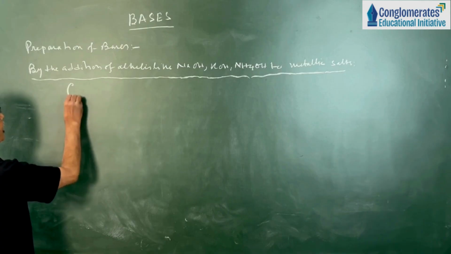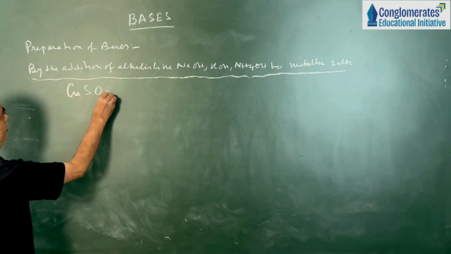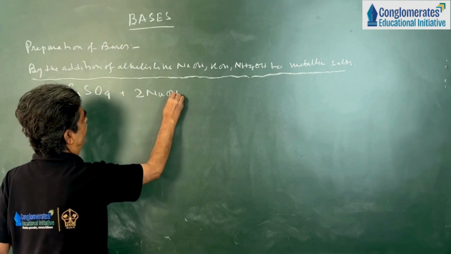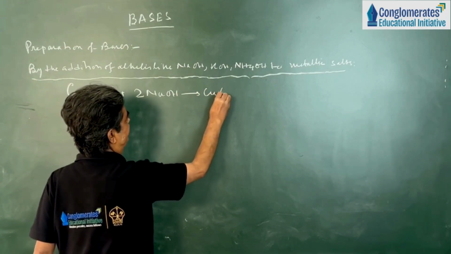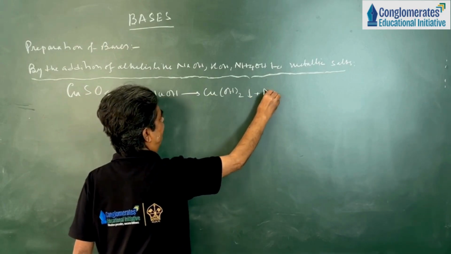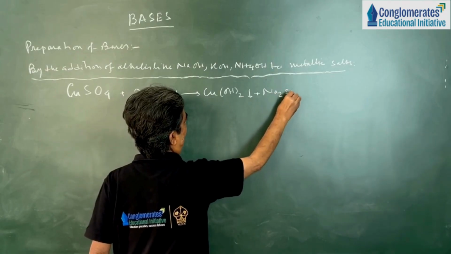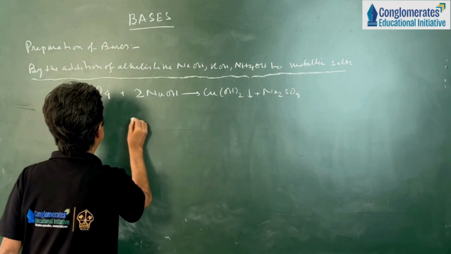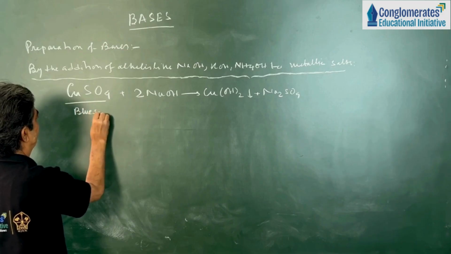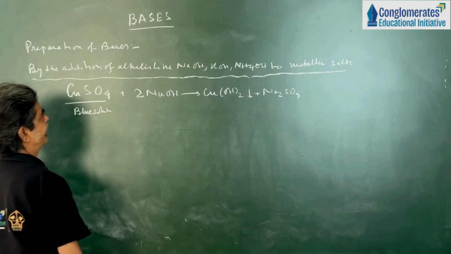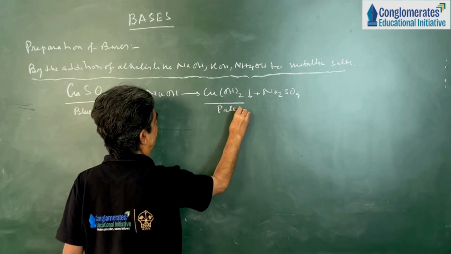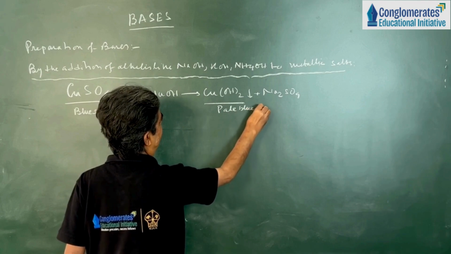Now copper sulfate plus sodium hydroxide or potassium hydroxide, if we take, we get cupric hydroxide or copper 2 hydroxide and Na2SO4. Now you see that copper sulfate is a blue solution, and when sodium hydroxide is added, we get pale blue precipitate.